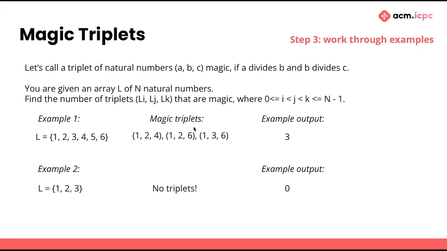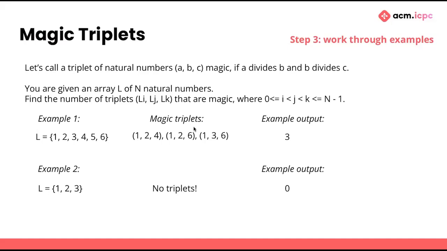And there are no more other magic triplets in this list. And that's why the result is 3. And for example 2, there's only one triplet possible with sequential indices, and it's 1, 2, 3. And since 2 does not divide 3, our result is 0. There are no magic triples.